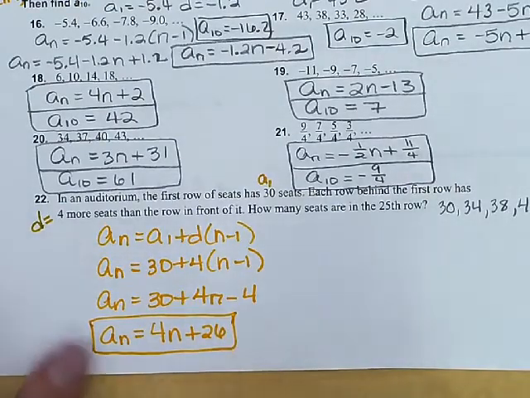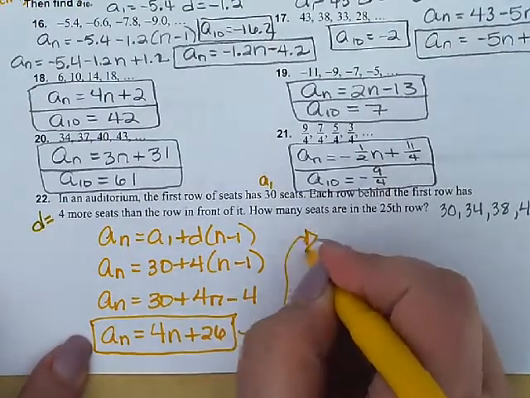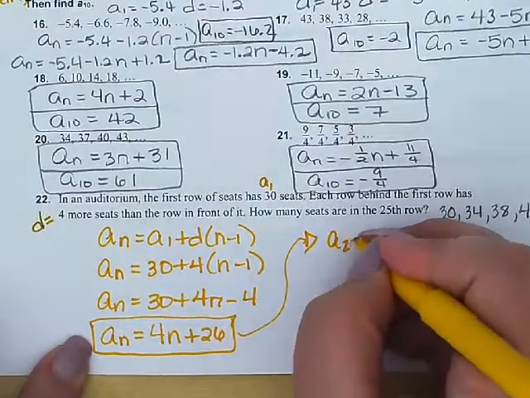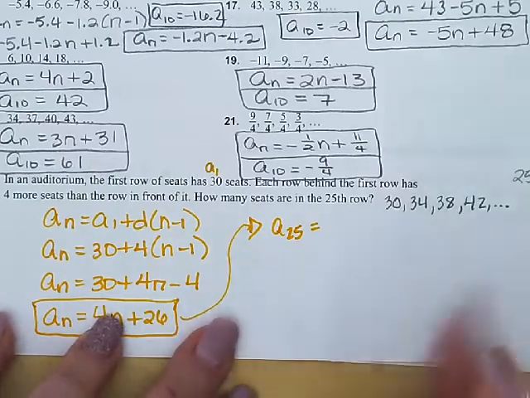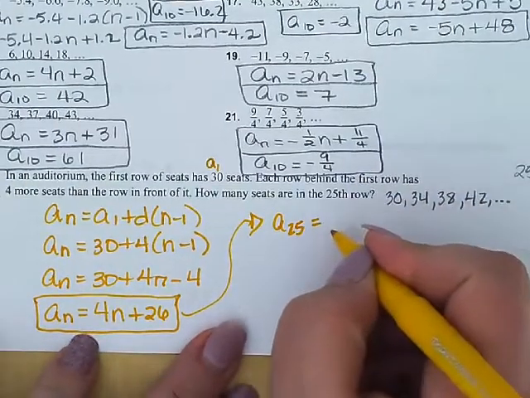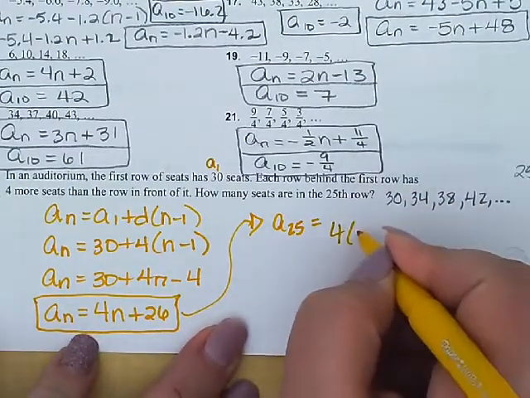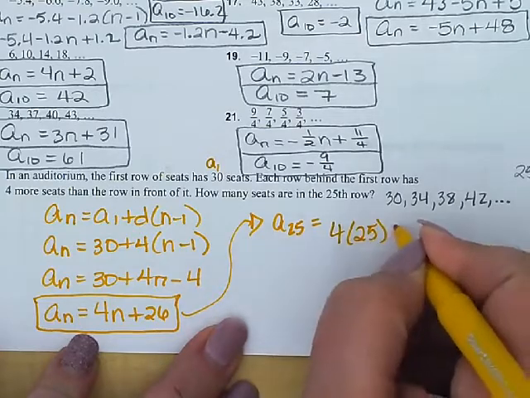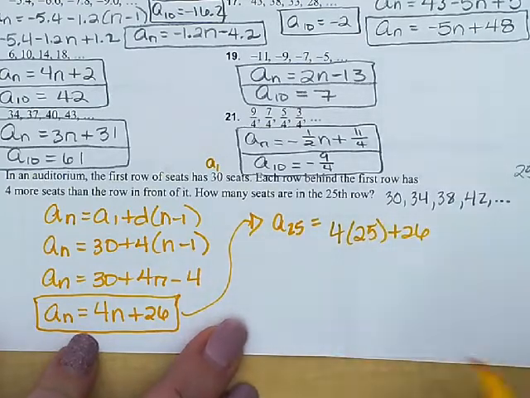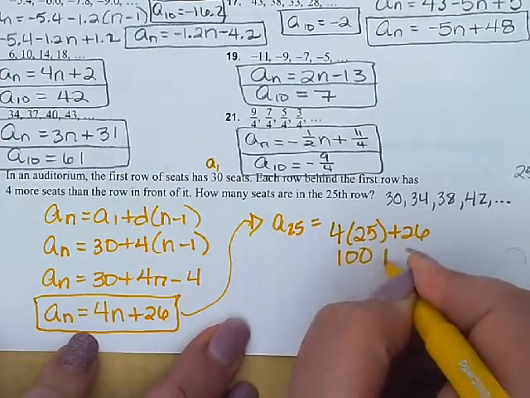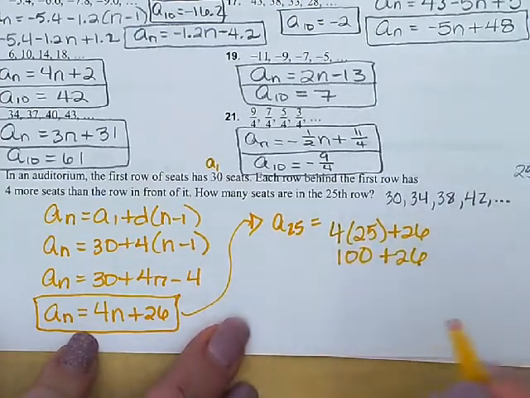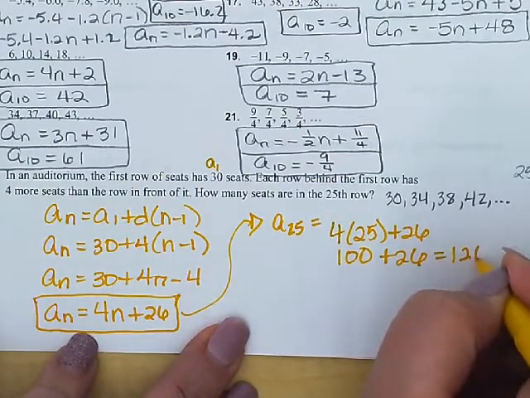Okay, and since we know that, we can now use that to find how many seats there are in the 25th row, because all I have to do is 4 times that 25 plus the 26. Well, I know that 4 times 25 is 100, and 100 plus 26 is 126.